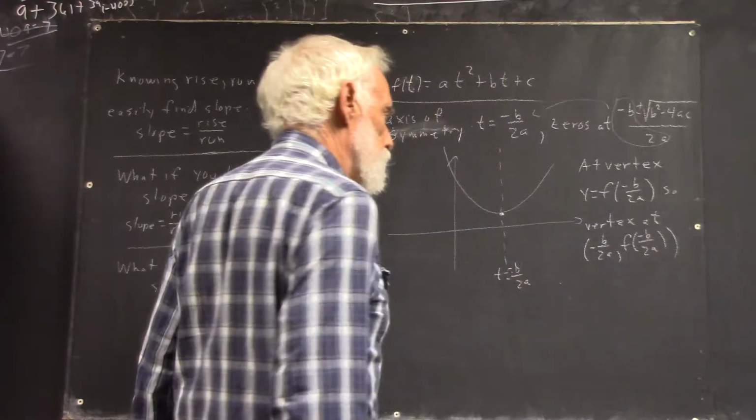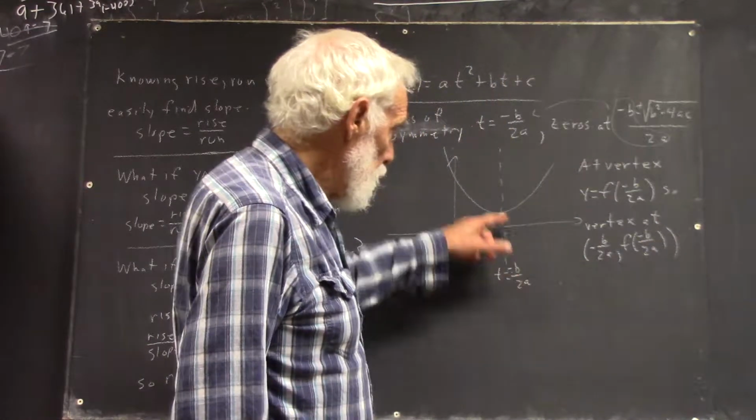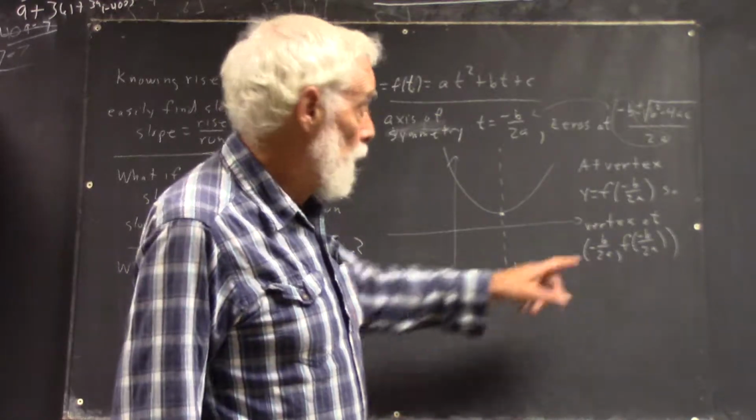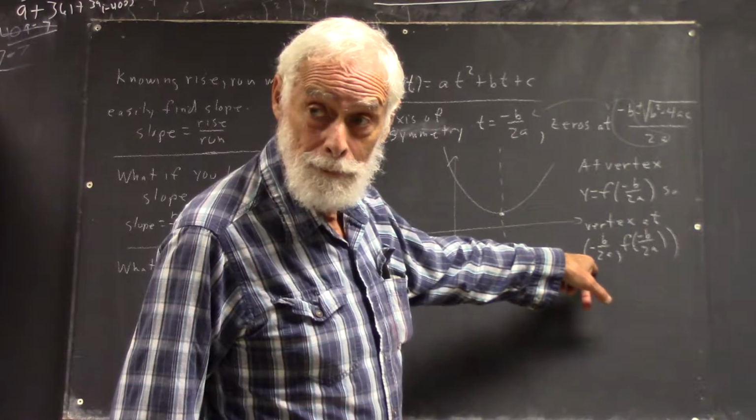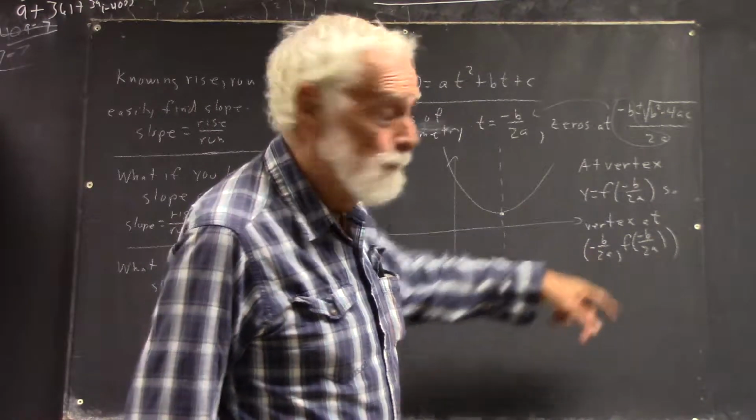And this just tells you the y coordinate of the vertex is this, and on the axis of symmetry, the t coordinate you get by plugging in whatever this y coordinate is, right?